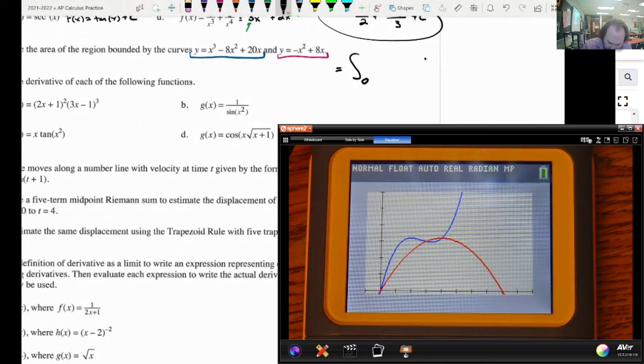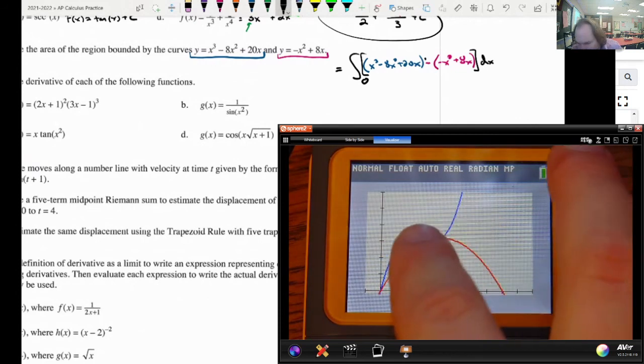I don't really know what that top bound is yet. Of, in parentheses, x to the third minus 8x squared plus 20x, that would be the top function, for at least that span of the integral, minus negative x squared plus 8x. That would be the bottom function. And this is all, of course, times dx, because it's an area model like that.